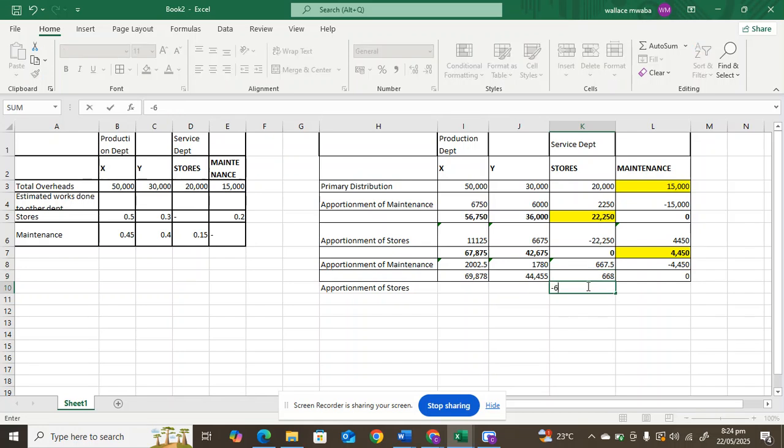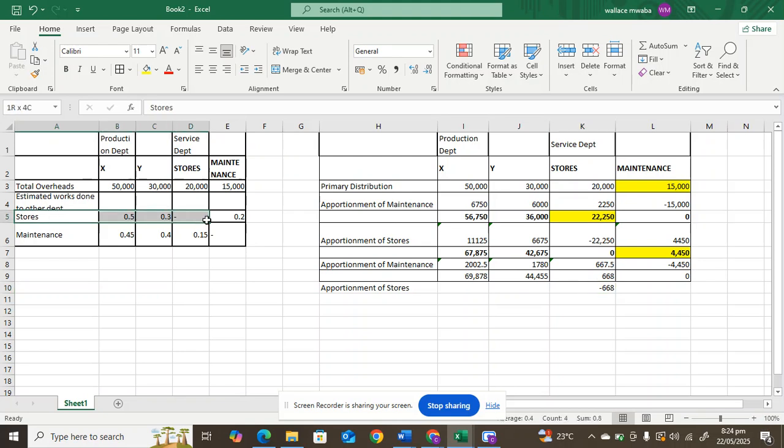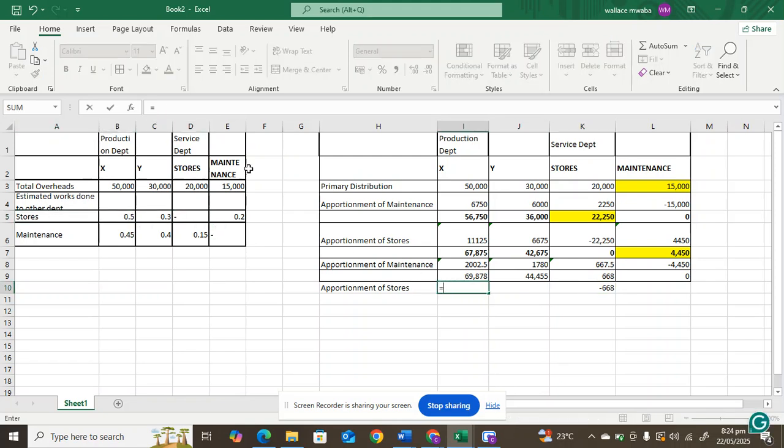So you put here negative 668. It has to be reapportioned back to the other departments. So we come here for stores. Okay, and department X gets 50%. So it says 0.5 multiplied by 668. You get 333.75.